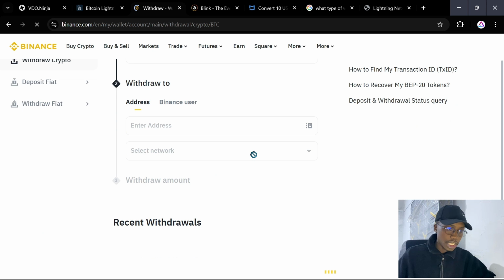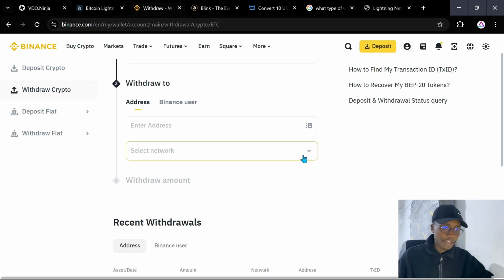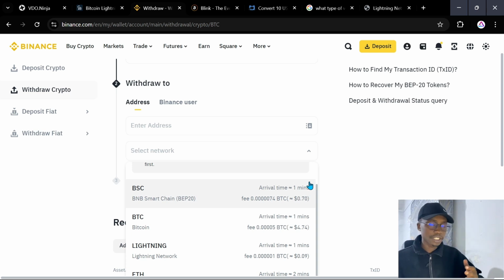If you have been in the crypto space for quite some time, I think you have at one time tried to transact Bitcoin from one wallet to another, from one exchange to another exchange, or from your exchange to your wallet, or from your exchange to your friend.